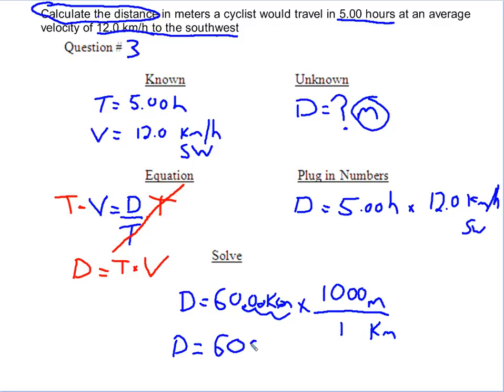So we get 60,000. That seems like a big number, so we may want to put that in scientific notation, and we get distance equals 1, 2, 3, 4, 6.0 times 10 to the 4th meters. That's a tough one, but if you could get through this one, you can get through any of them.